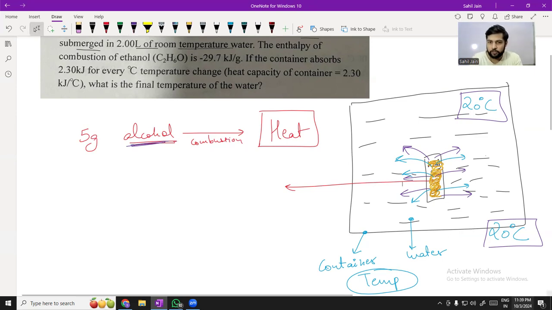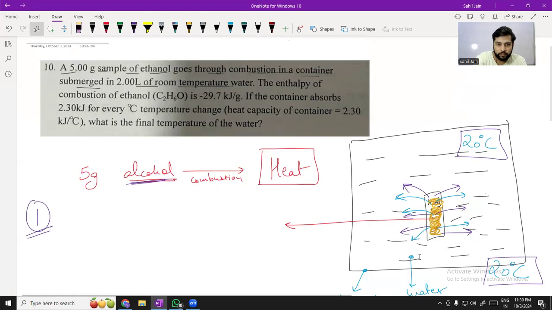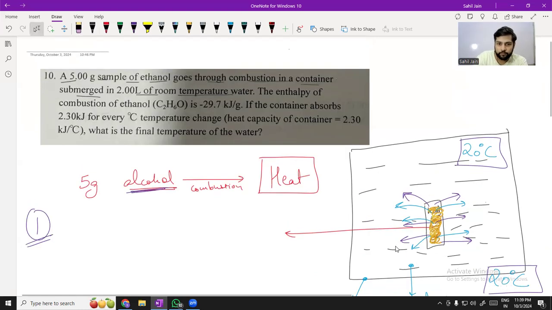Okay. So first of all, let us calculate how much heat is being produced. If we read the question correctly, it says the enthalpy of combustion of ethanol is minus 29.7 kilojoules per gram. Now, what does this mean?